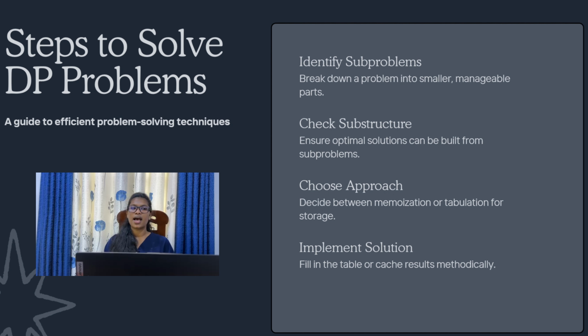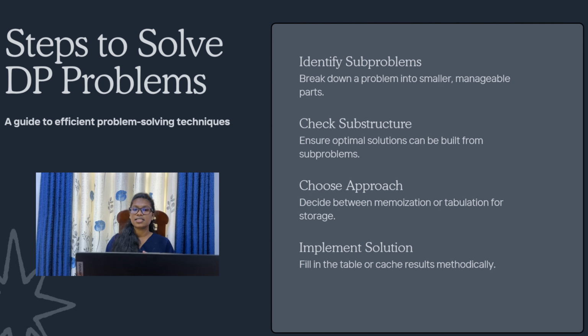Let's move to the other problems that can be solved by dynamic programming. Dynamic programming is not just for Fibonacci. It can solve many problems. Identify subproblems: break down a problem into smaller, manageable parts.